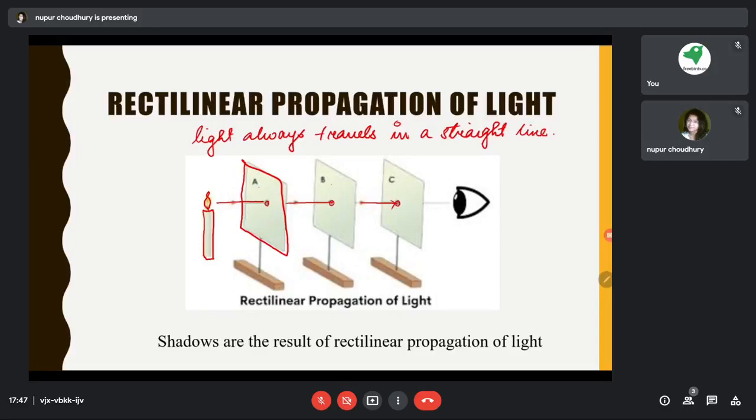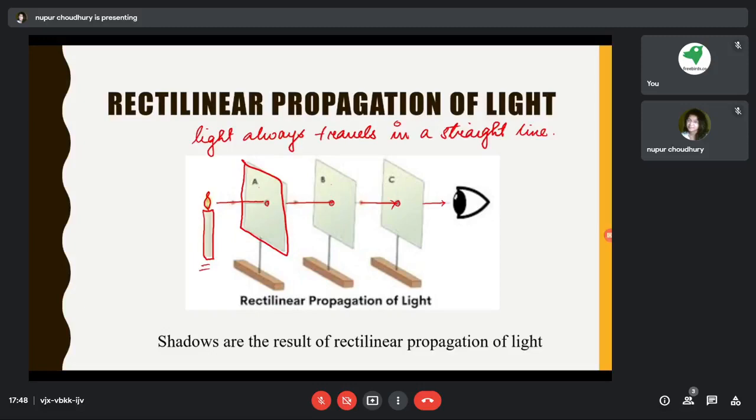What we could see is just a single ray of light coming from the candle, and it is straight in nature. So light always travels in a straight line, and this phenomenon is known as the rectilinear propagation of light. That means it will always travel in a straight line when the medium considered is one, or the same medium.